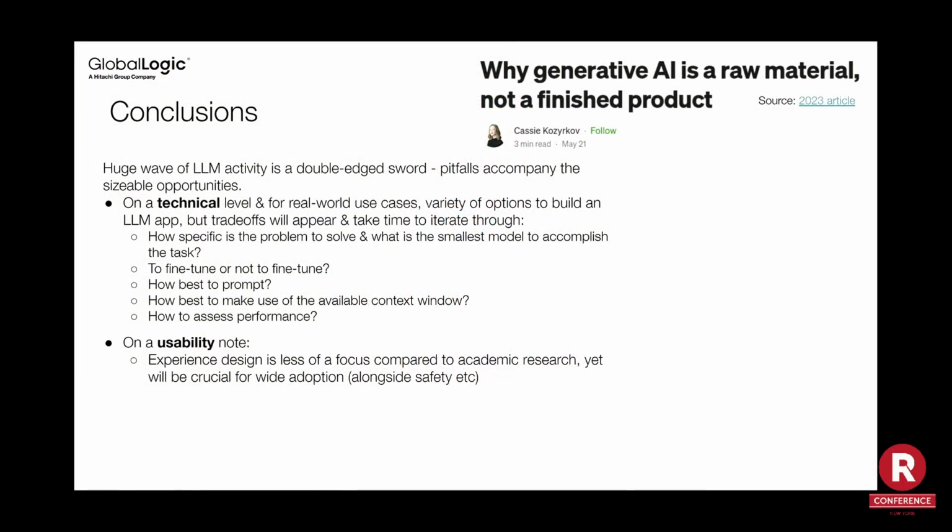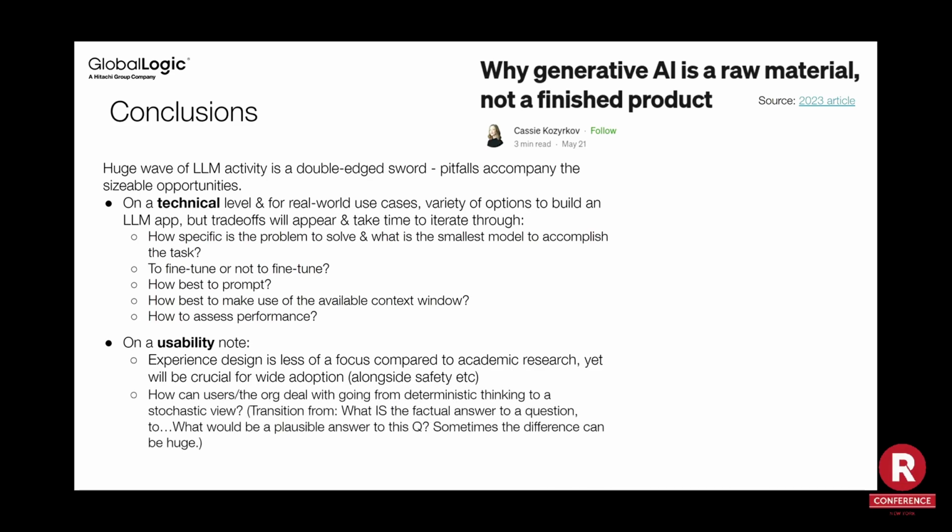We mostly only talk about the technical aspects and implementation details, but in terms of people actually interacting with these systems and what type of experience we want them to have, that's not so much a concern as far as I've seen typically. And this is maybe the most important thing on this entire slide.